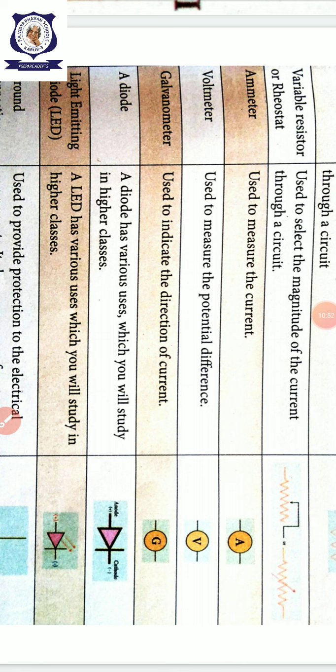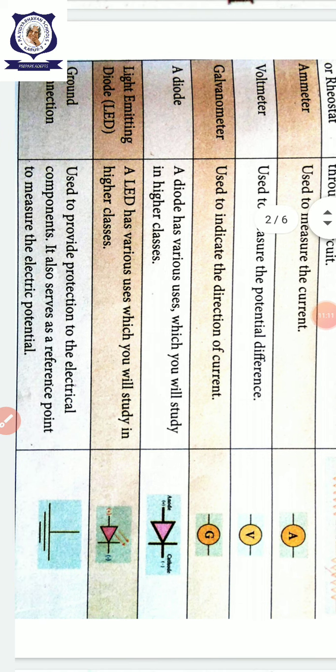Nowadays we use LED bulbs, light emitting diode. In electronic components we use diodes. It may be studied in our higher classes. Then the symbol of LED, additionally two arrow marks should be there.